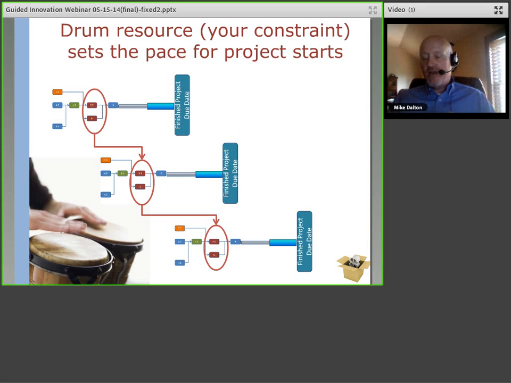And the result is a project portfolio that's tuned to deliver the highest number of completed projects possible. Right? And this may seem counterintuitive, but we actually finish more projects by starting fewer. And certainly by starting fewer at the same time.